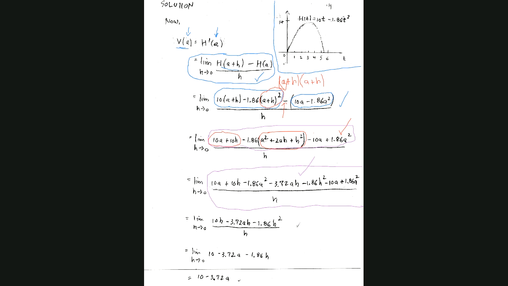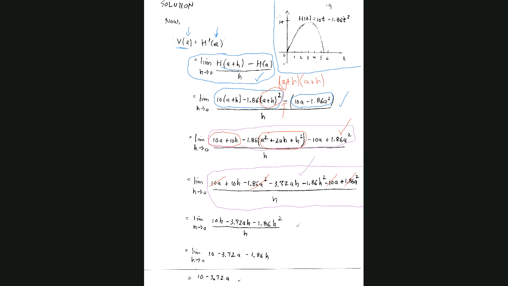The 10a, that's right, John, and everybody, Lynn, Nicholas, Z, Betswood. The 10a's go out. Anything else? Ah, that's right. The 1.86a squared cancels out. You have a negative and a positive there.